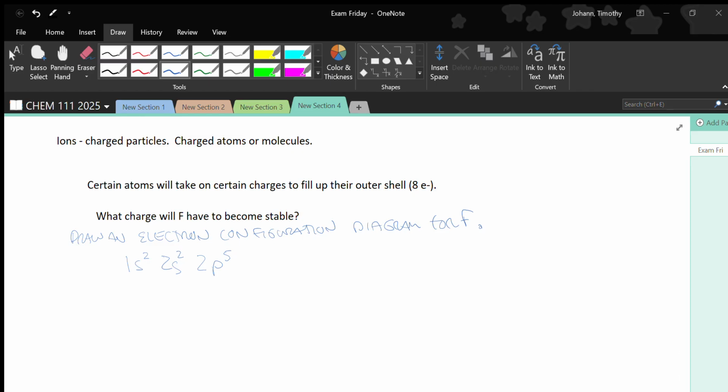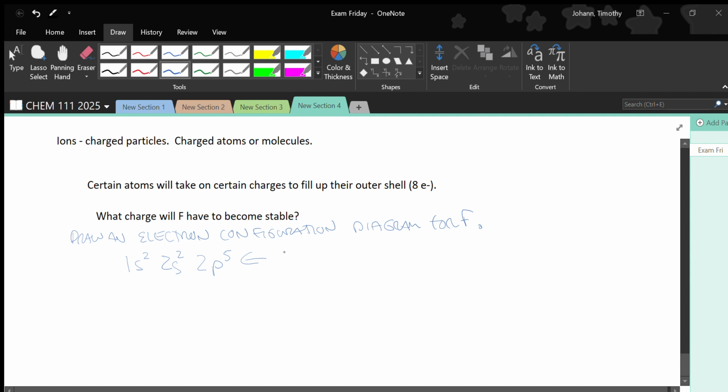Okay. The ways I could make my outer shell full is I could add 1 electron or I could take away 7. Which is easier, do you think, adding 1 or taking away 7? Adding 1. So this is neutral fluorine, but if I just added 1, let's call it ion fluorine.